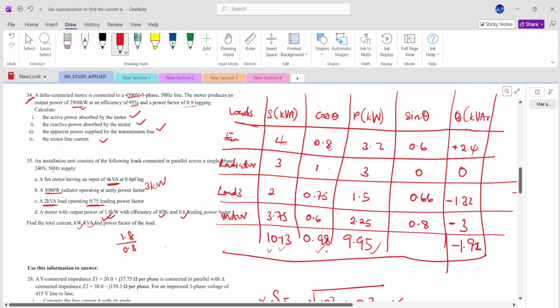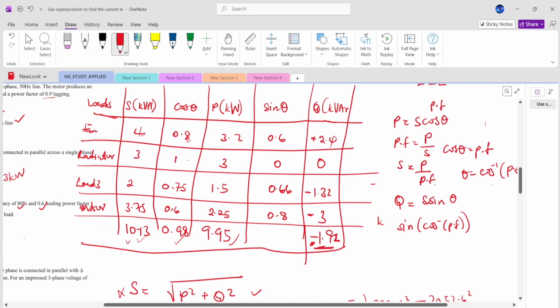Sometimes if it's objectives, you see lagging or leading. So how do you know whether it's lagging or leading? Check your total Q. If it's negative, then the total power factor is leading. If it's positive, your total power factor is lagging. So for this one, it's going to be 0.98 leading. That is how you solve a question like this.